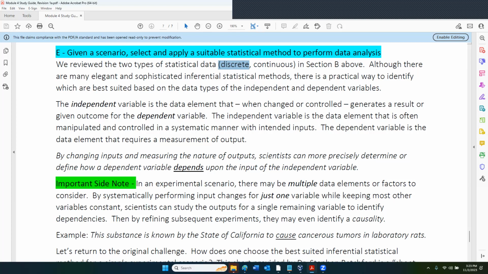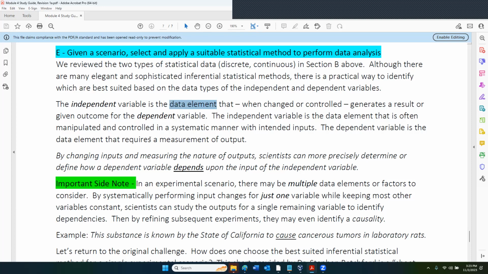And in order to figure out how to use this chart at the bottom of the page, you have to understand the difference between the term independent and dependent variable. So you've heard the term variable before in mathematics, right? And in scientific computing applications, when we refer to a variable, we're talking about a given data element in a data set, okay?